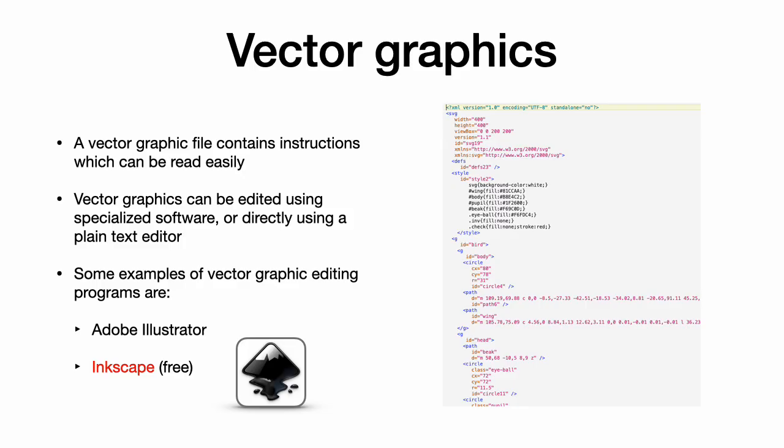Inkscape is a free program that anybody can download and use. It costs nothing. It is very convenient to use, and I can strongly recommend it. However, in this class, we will learn how to make some simple vector graphics using only a simple text editor. So we won't be using any specialized software at all.